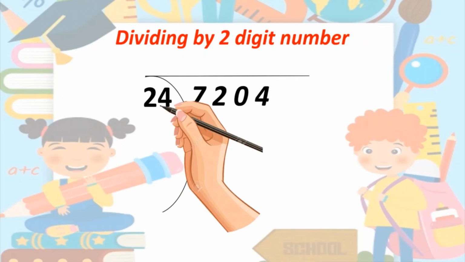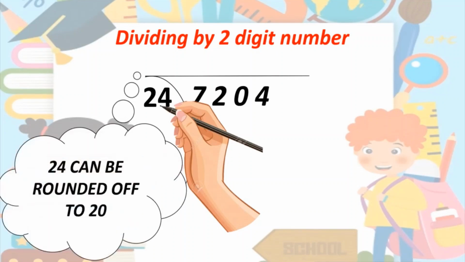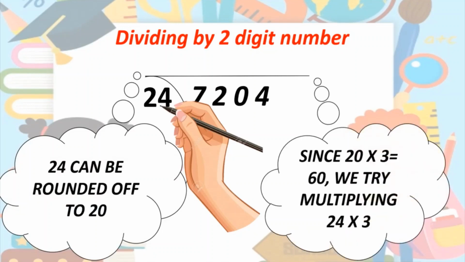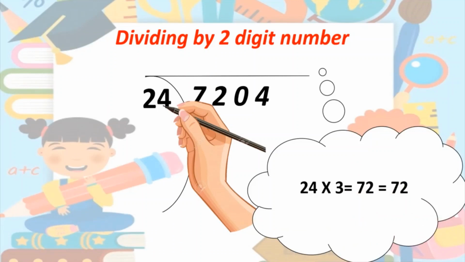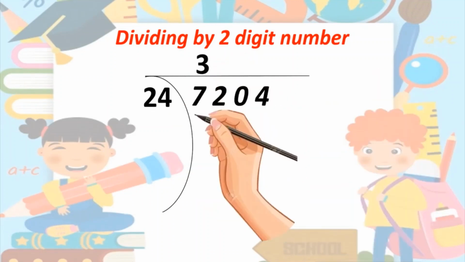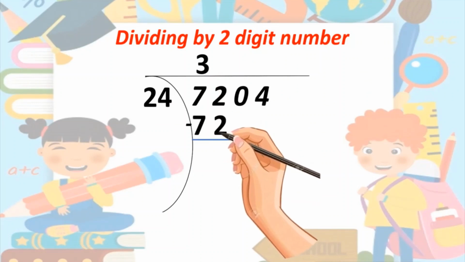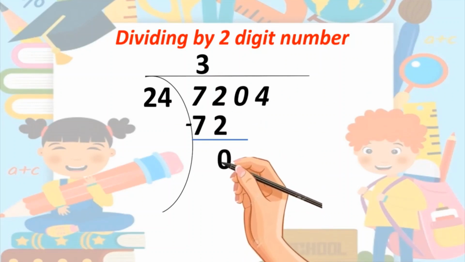So first let us round off 24 to the nearest 10, which is 20. 20 times 3 is 60, which is less than 72. So let us multiply 24 with 3 and the product that we get is 72. So we write 24 times 3 is 72 and the remainder is 0.